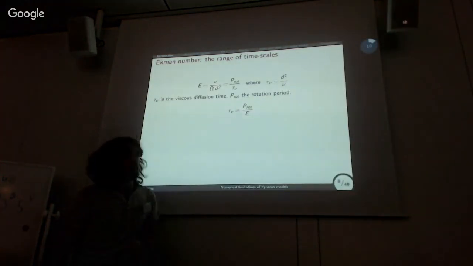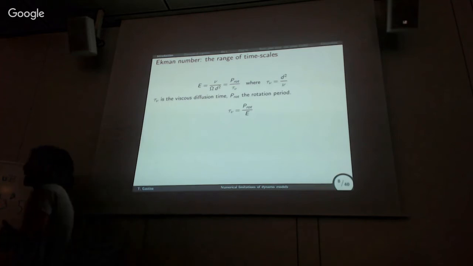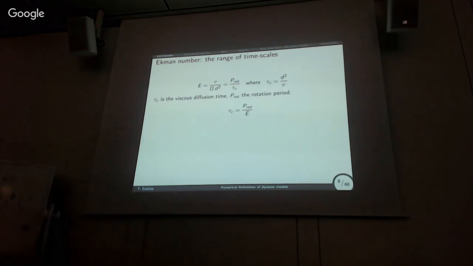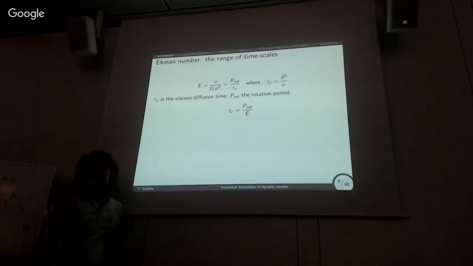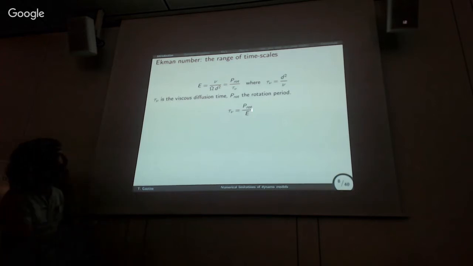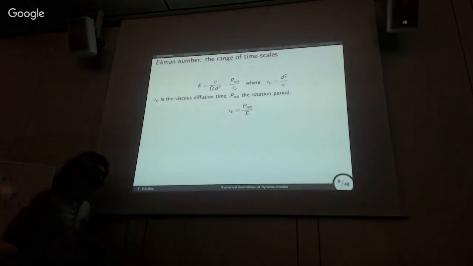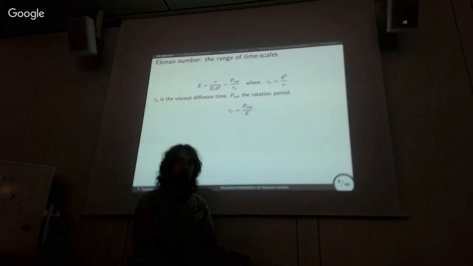Okay. There is also an issue regarding time scale, obviously, and here the Ekman number might be a good candidate because, again, you can see it as a ratio of two time scales, as I said before. It's just like a rotation period divided by the time to diffuse things viscously.